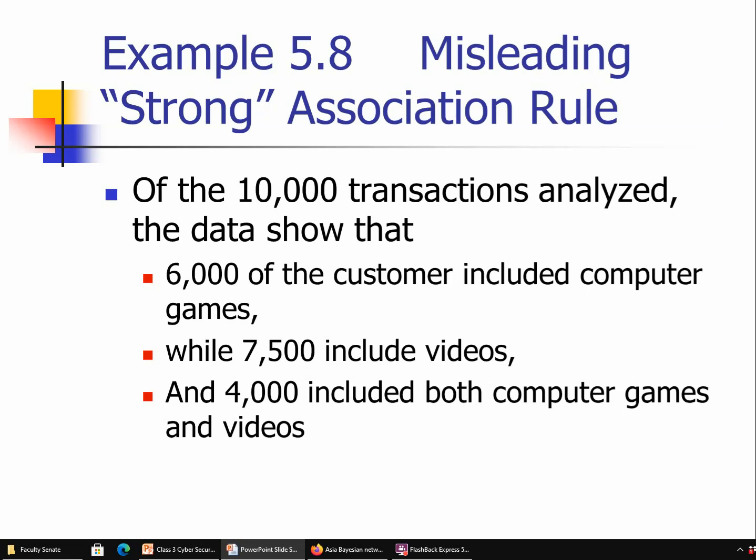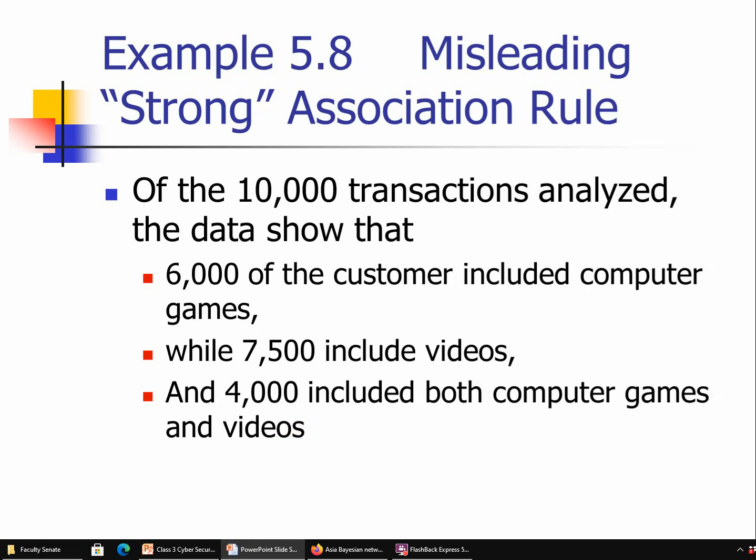So now the idea is that in this case, 60% of the customers buy computer games, 75% of the customers buy videos. At the same time, 40% of them buy both computer games and videos. Does that mean people who buy computer games also buy videos if we set our minimum support, say, to 30%?